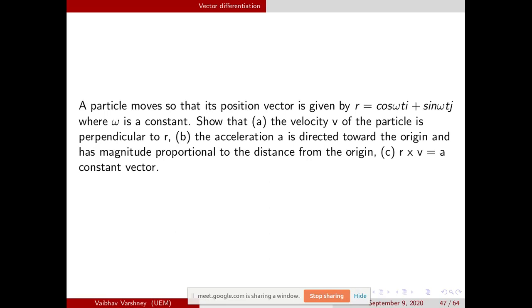Sir, say the value of v once more. Minus omega sin omega t i cap plus omega cos omega t j cap. Okay, good. So r dot v is coming 0. Has anyone got it? r dot v is equal to 0.